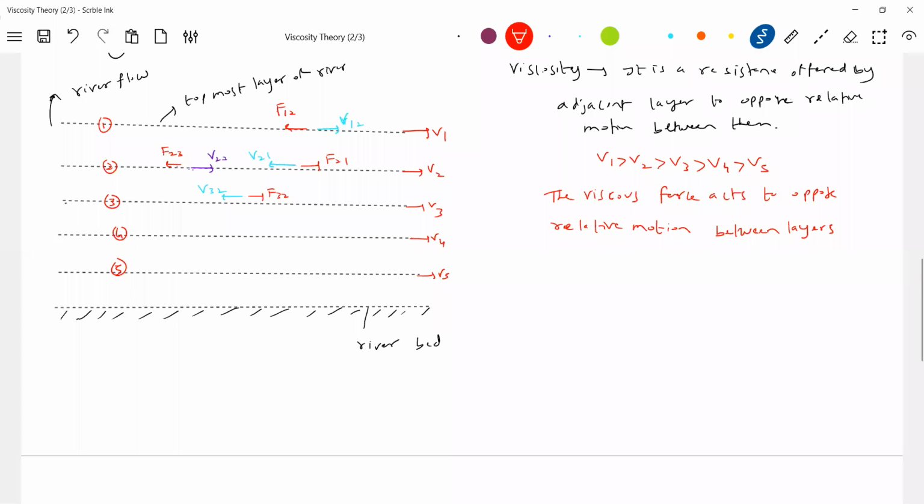Fine. Next question: what does this viscous drag depend on?